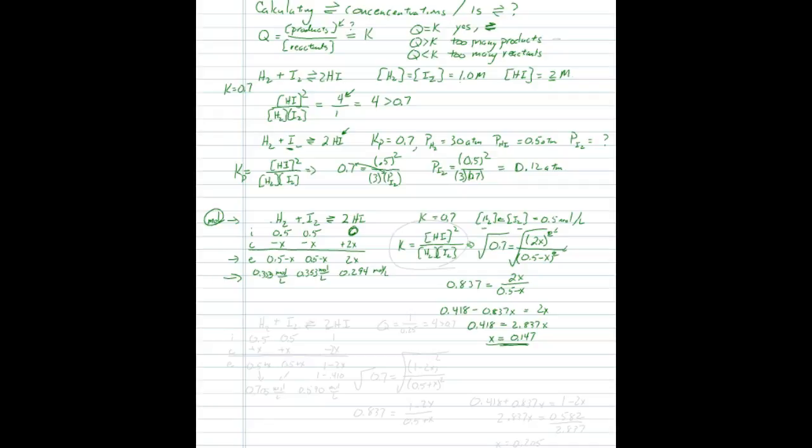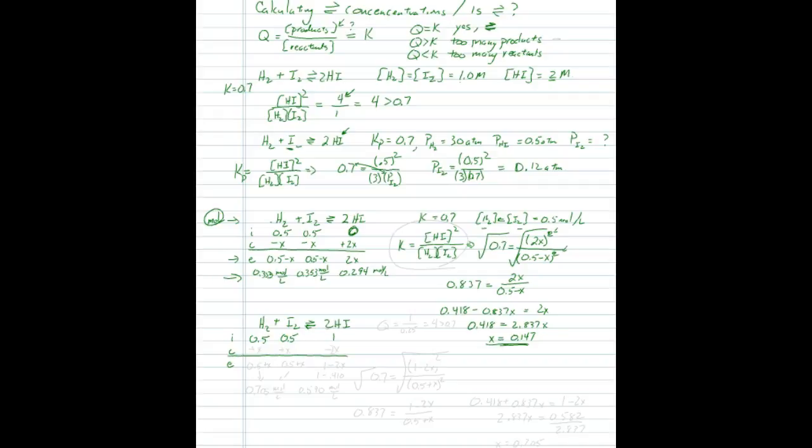Now, if it wasn't zero and you didn't know which way to shift, say we had H2 plus I2 in equilibrium with 2HI, we start off with 0.5, 0.5, and 1. Are you going to add or subtract?